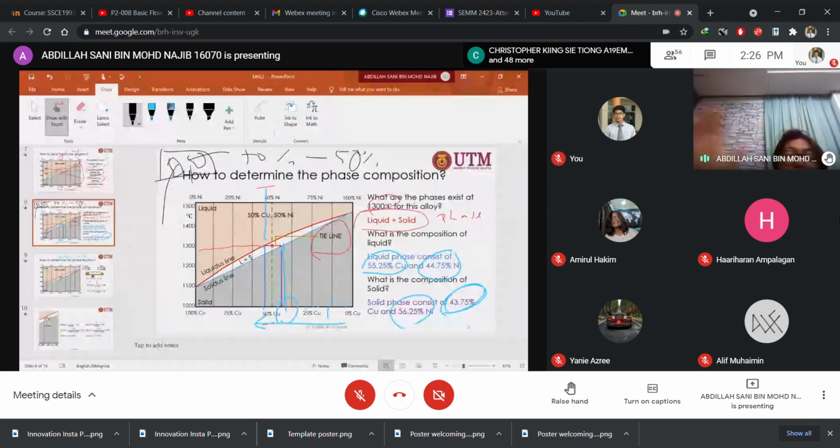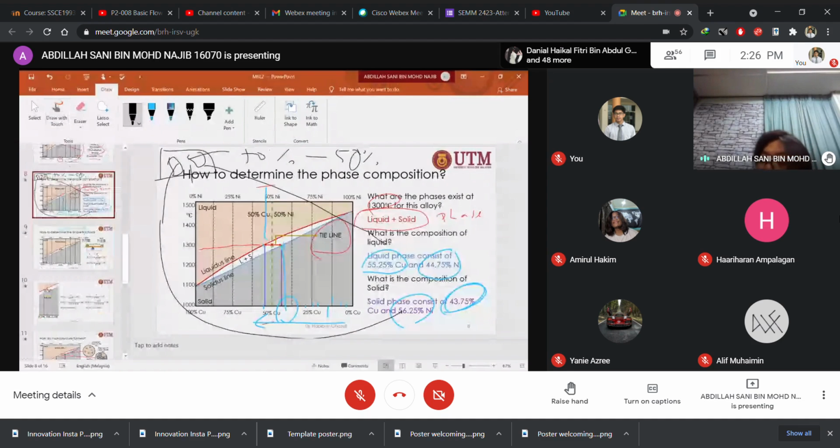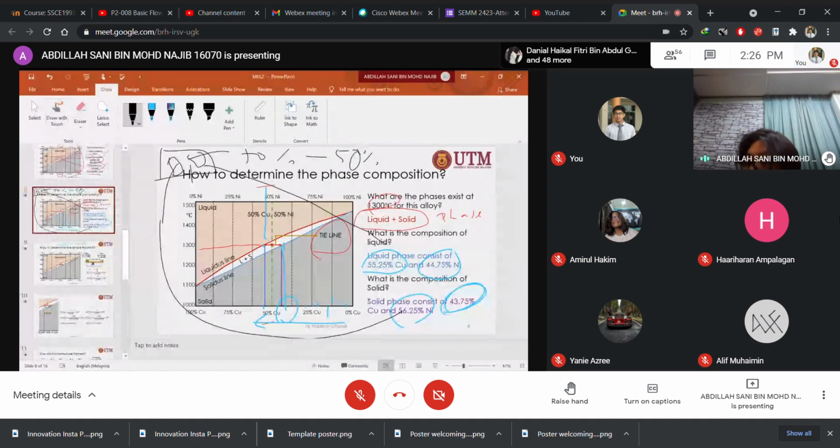So the total is 50 to 50, but the liquid, for example in this case, is copper rich. It has more copper. For the solid, it has more nickel. Why does the solid have more nickel?